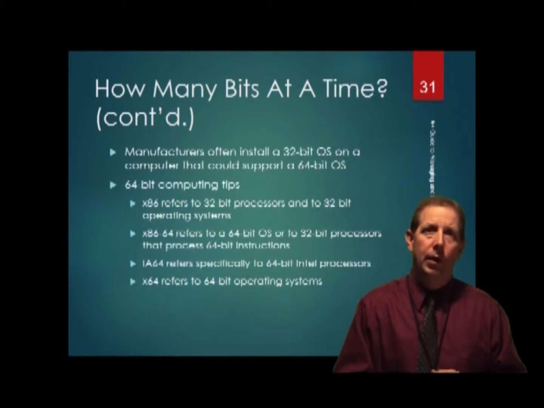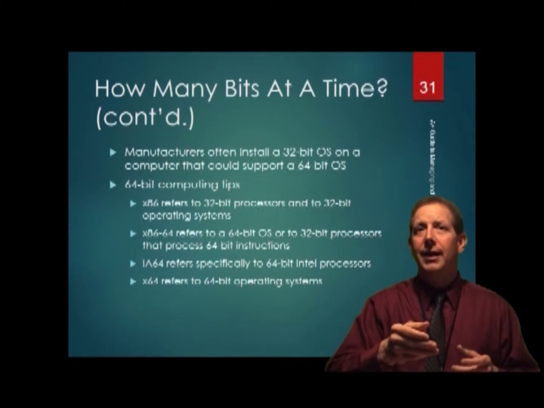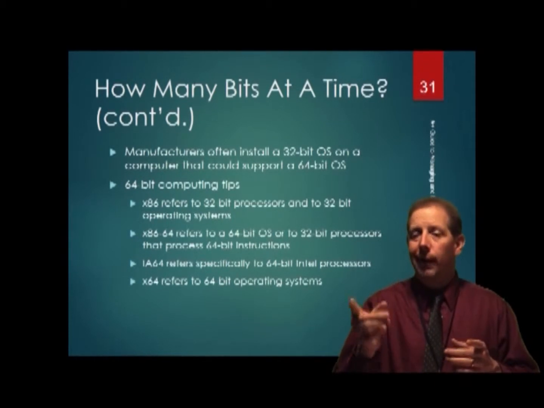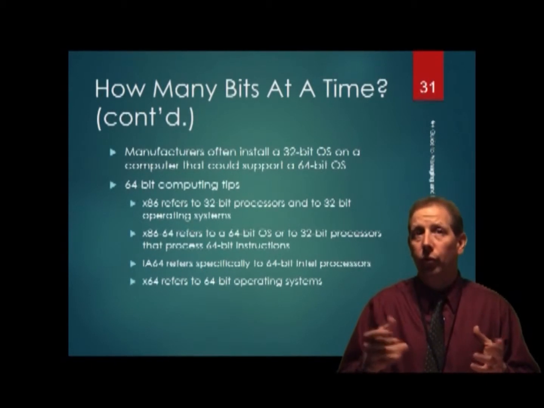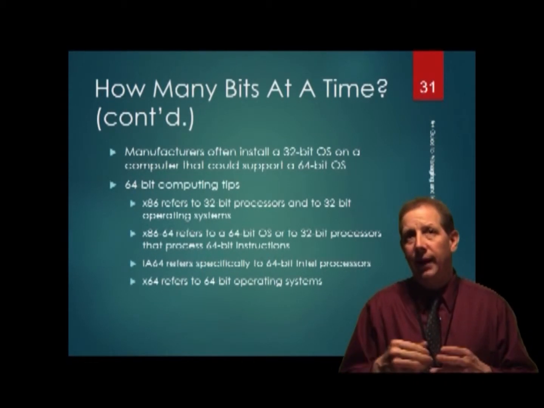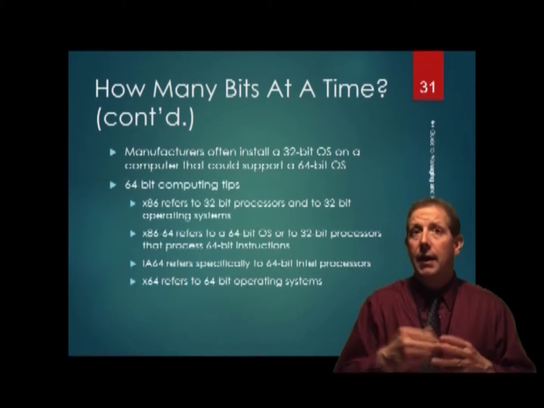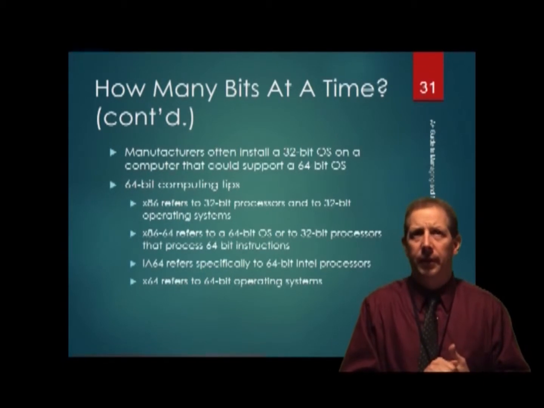The term x86-64 would refer to a 64-bit operating system or a 32-bit processor that processes 64-bit instructions, like the Intel Core 2 Duo or the 64-bit AMD processor, the AMD 64. Okay. The AMD 64 refers specifically to those types of AMD processors.